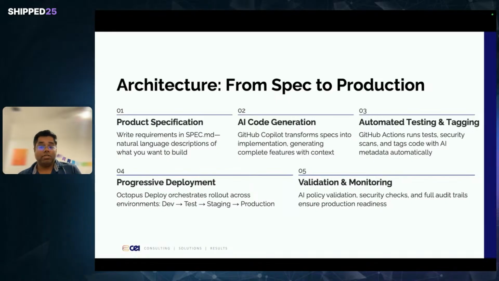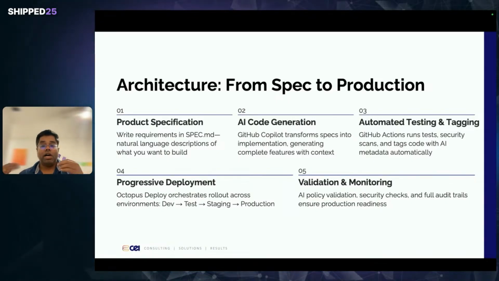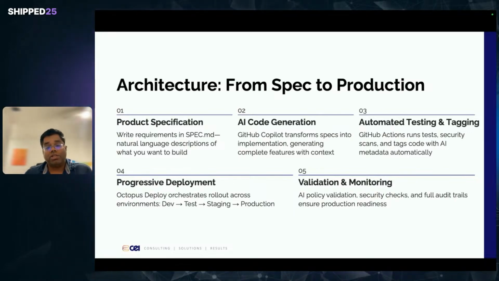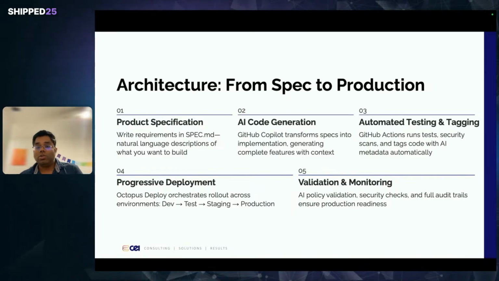Okay, the code is generated, the artifact is generated, but I'm going to have additional governance or policies to make sure the AI-generated code goes through certain pathways, policies, or approval workflows. So we have two different channels or life cycles.